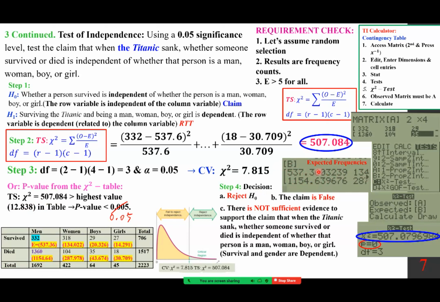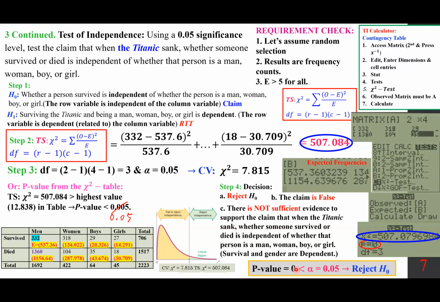And the next one and the next one. There's not enough room to show the whole thing, but you get the picture, and this means arrow go to the right. So the expected values are automatically calculated and put into the B matrix. P value is 0, less than alpha, reject H0.